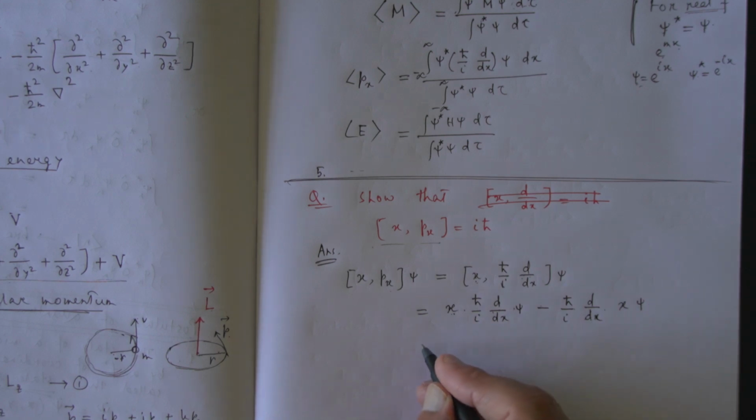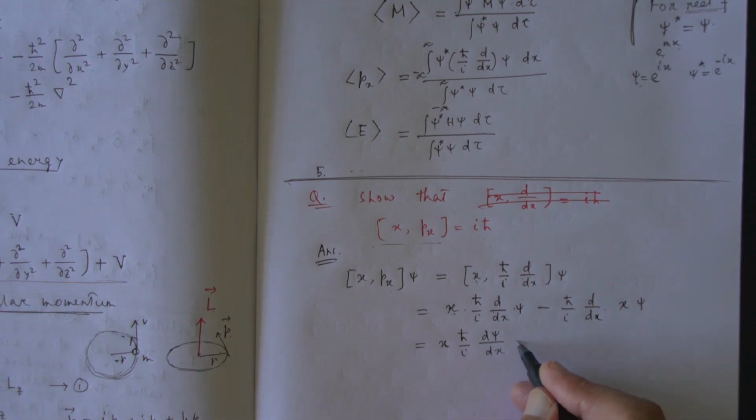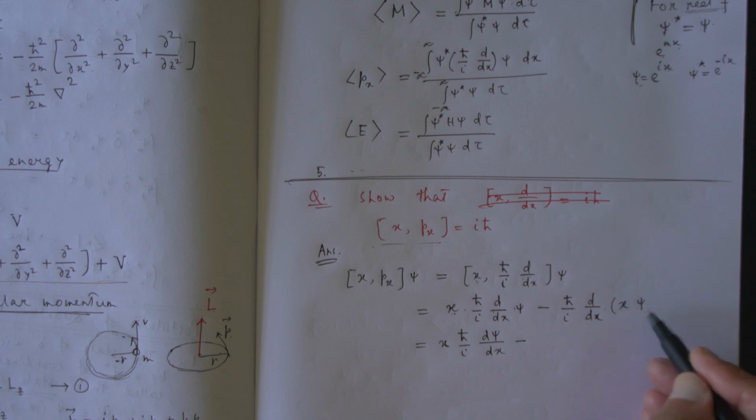Okay, now if we do this, x, let me write it like this: h bar by i d psi dx minus... now we have two functions, you see.